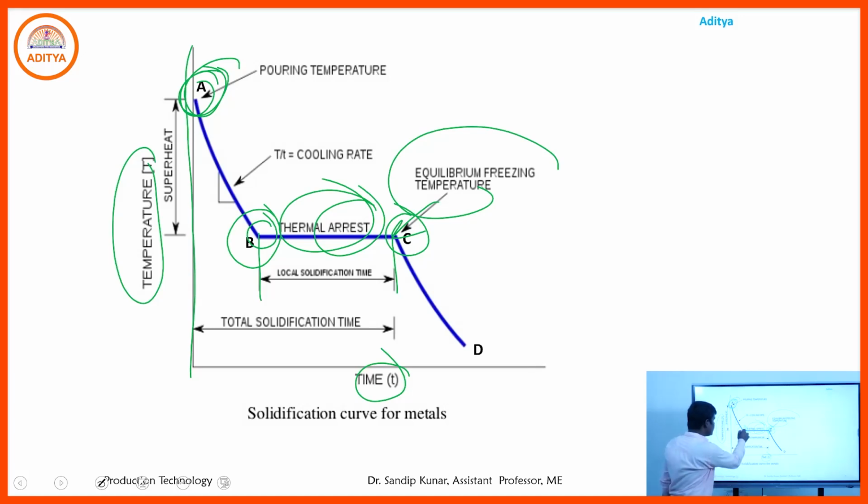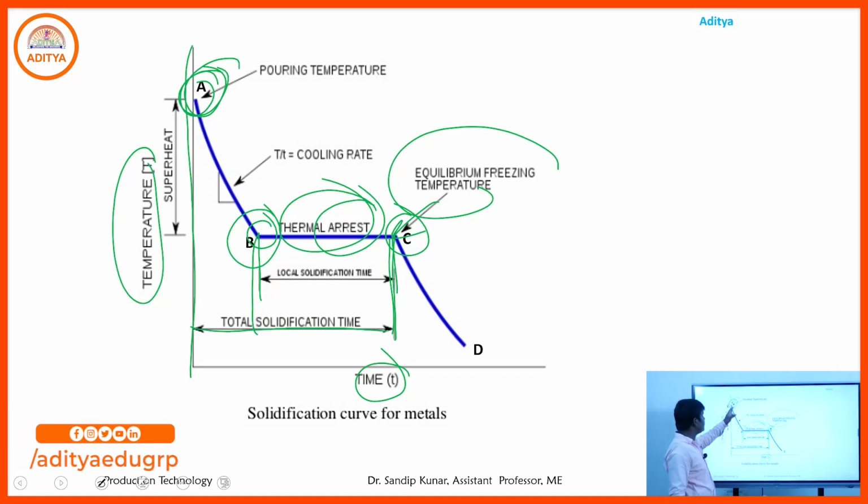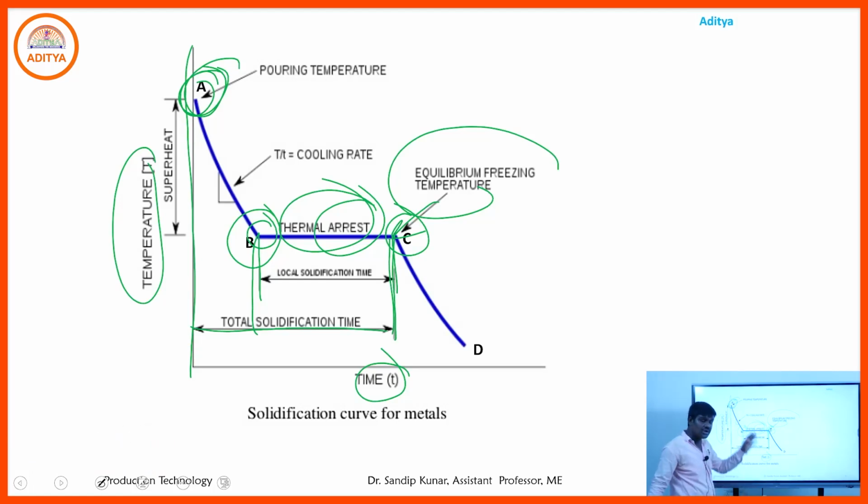That is the local solidification time. From point A to point C is the total solidification time: the molten metal has full fluidity at the pouring temperature, point A, and at point C it is fully converted into solidified product.